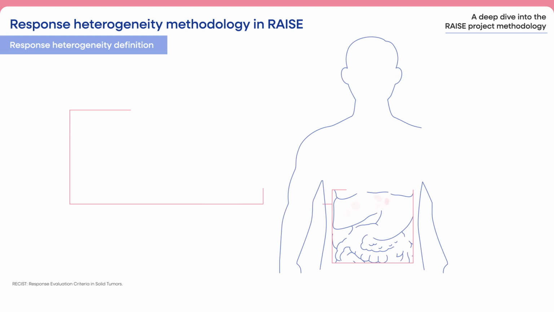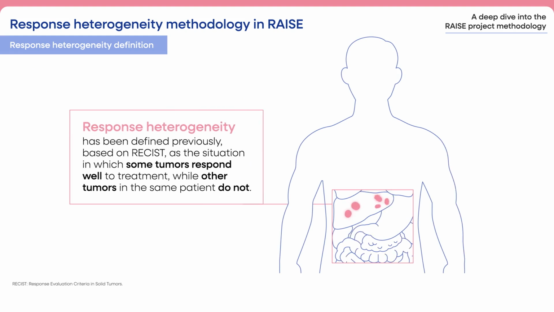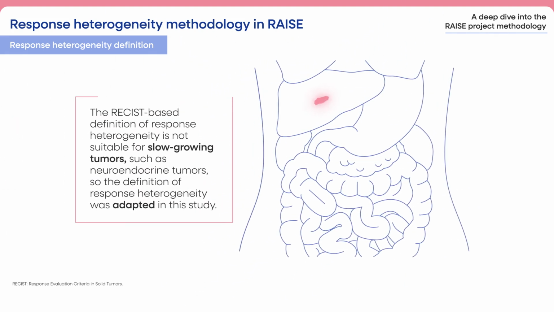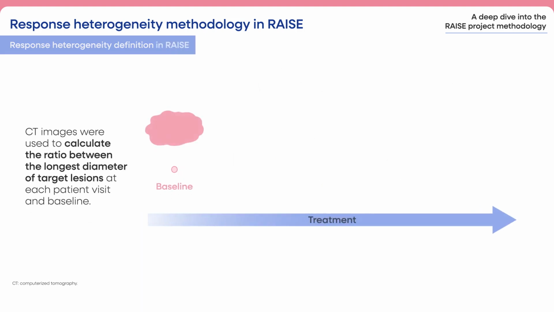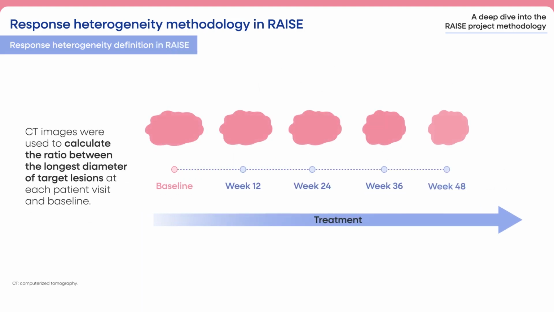Response heterogeneity has been defined previously based on RECIST as the situation in which some tumours respond well to treatment while other tumours in the same patient do not. However, the RECIST-based definition of response heterogeneity is not suitable for slow-growing tumours such as neuroendocrine tumours, so this definition was adapted in RAISE. To define response heterogeneity in RAISE, we measured the longest diameter of target lesions on CT images at baseline and subsequent patient visits.